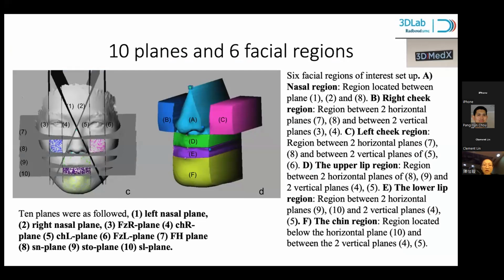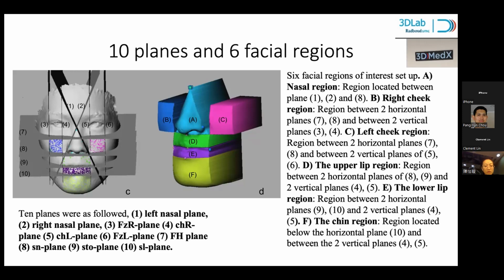So these are the 10 planes and 6 facial regions we set up. These 10 planes are as follows: 1 is the left nasal plane, 2 is the right nasal plane, 3 is the frontozygomatic right plane, the cheilion right plane, the cheilion left plane, the frontozygomatic left plane.